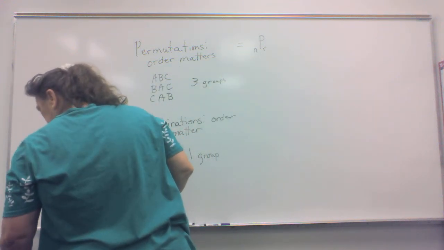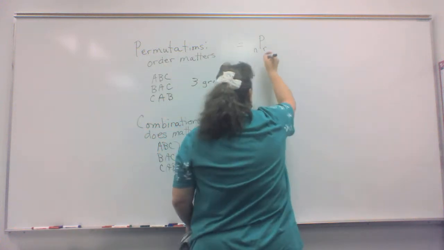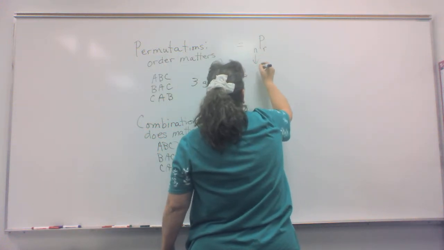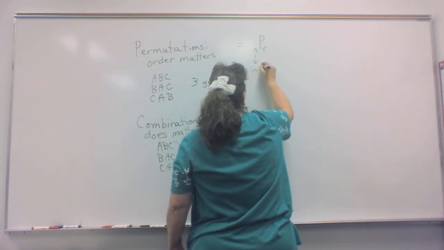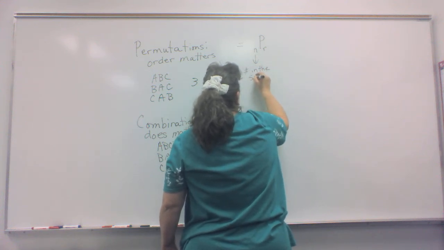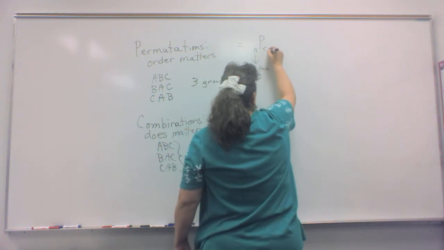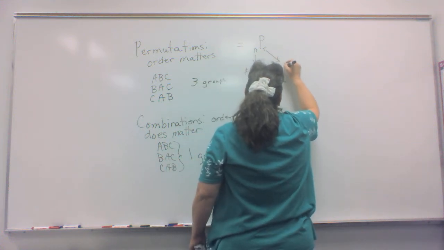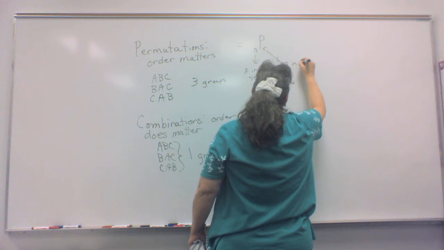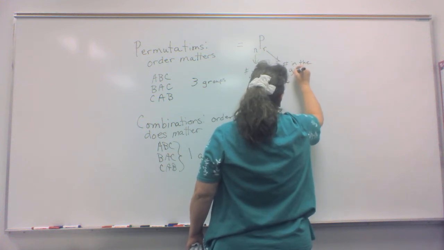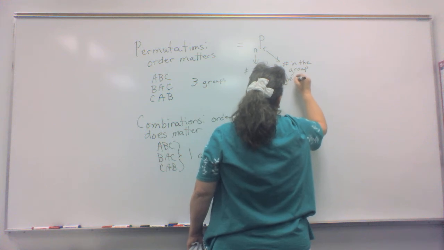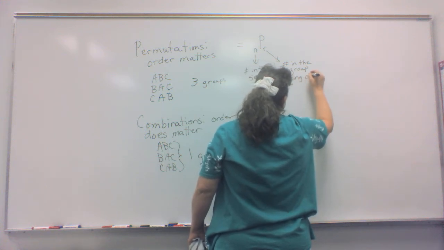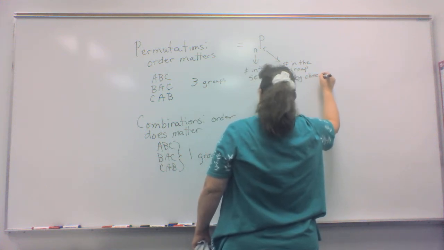N is the number of possibilities, the total number in the set. The R is the number in the group you're choosing, the subset, okay? So that's the difference in those numbers.